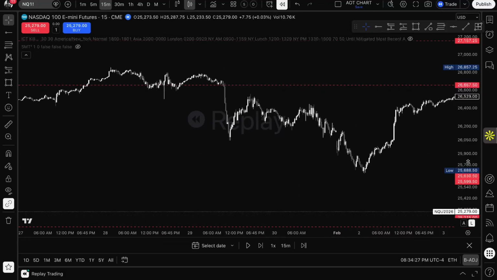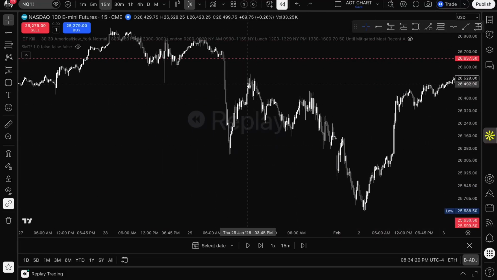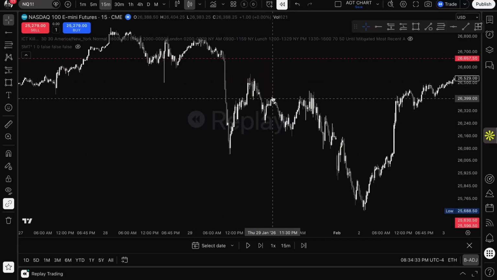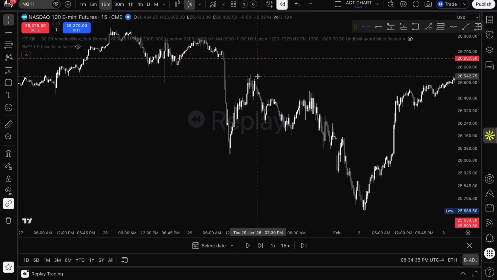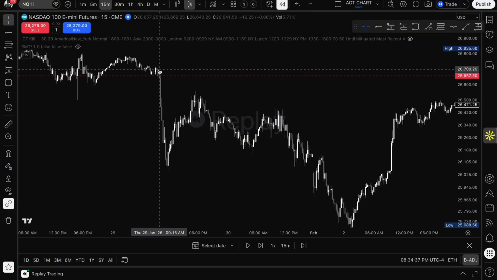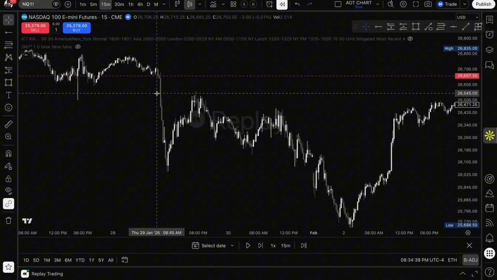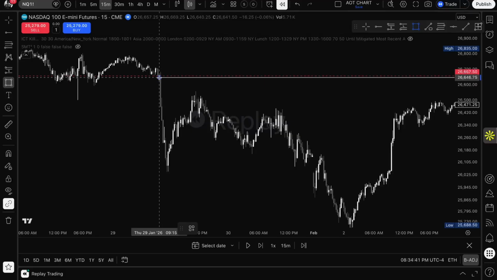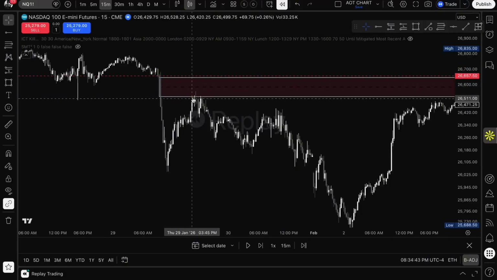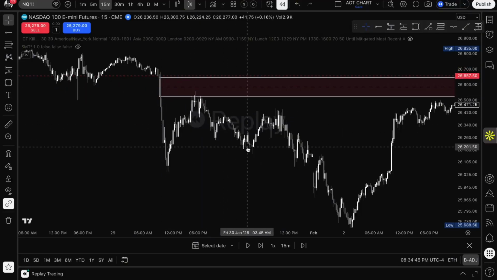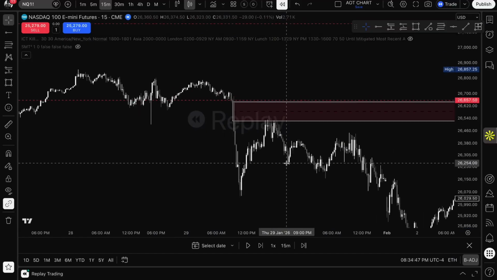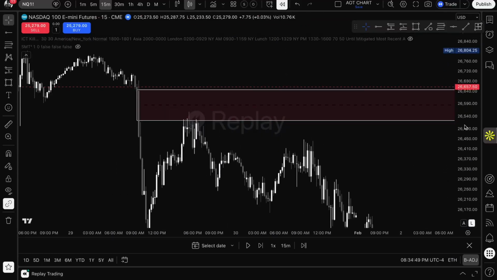And for price to continue, it needs to rebalance this move and then start going lower. So we went lower, we rebalanced it, and then we came into this gap right here, and we respected it and started making lower lows, and bullish moves started to fail.